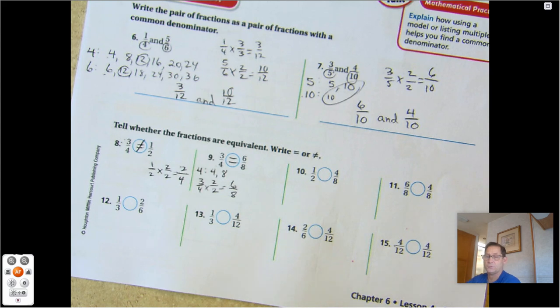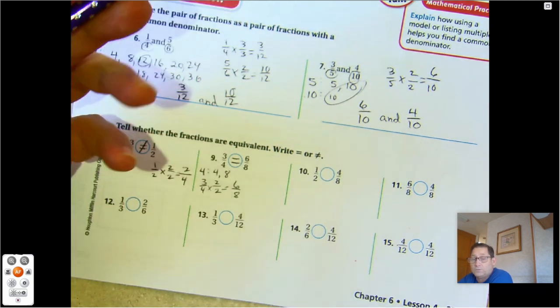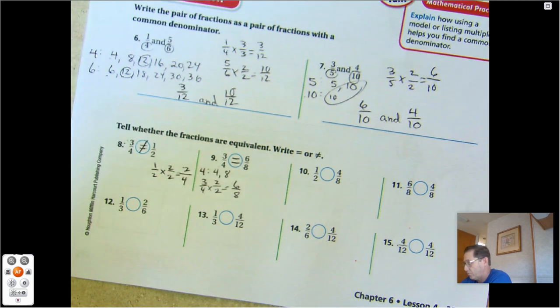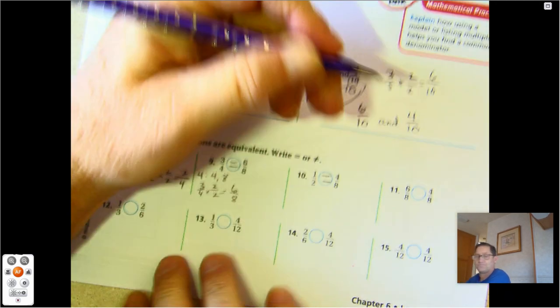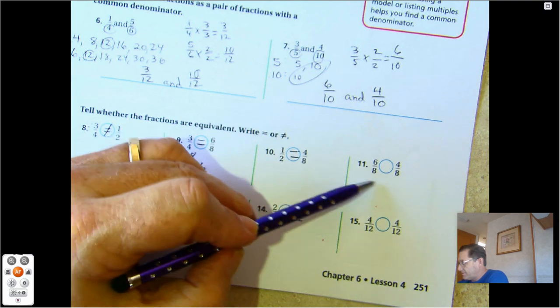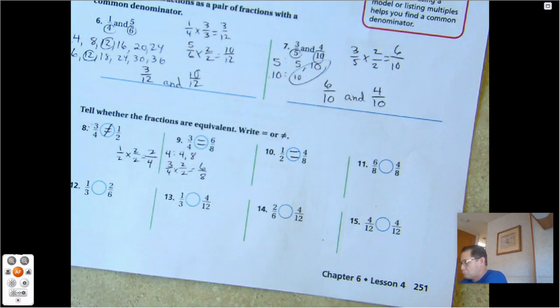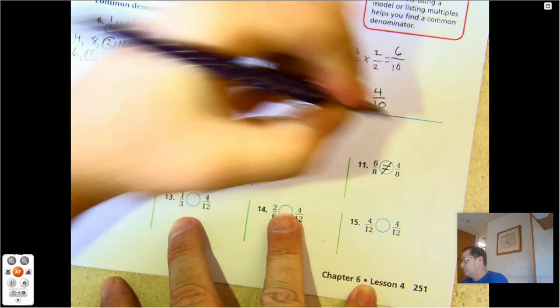Here I'm going to use just reasoning. What's half of 8? 4. Okay, so 4/8 is 1/2. 6/8 and 4/8. The denominators are the same. If the denominators are the same and the fractions are equal, the numerators have to be the same. They're not. So that's not equal.